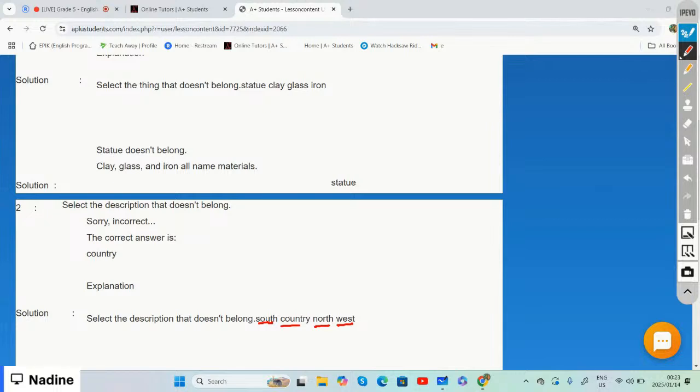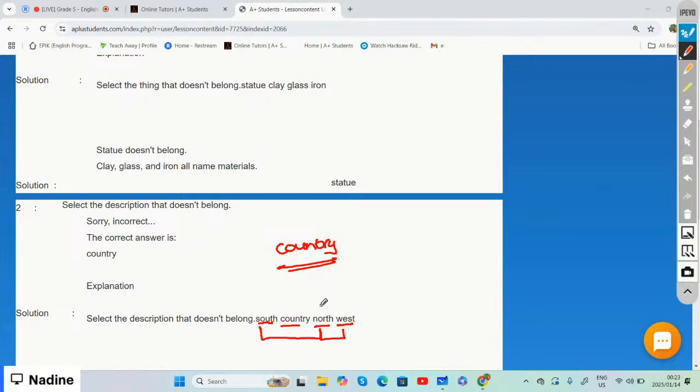All right, and if we were to select the word that doesn't belong, then yes, well done, it is country. Country doesn't belong because the words that are related to one another are south, north, and west.